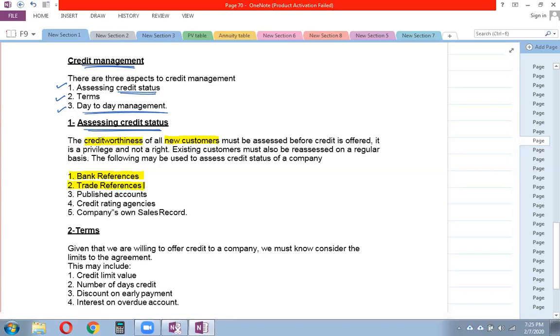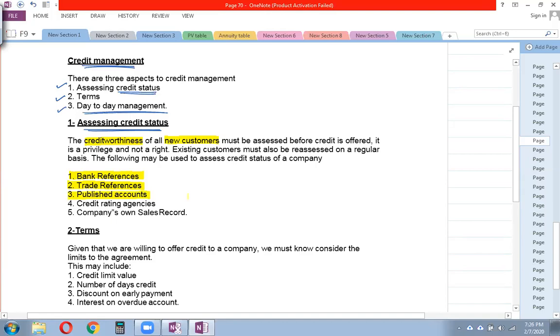Well, the issue here is that if they are your competitor, maybe they are not going to give you the information, but maybe you can get it from another company within the group, if they're purchasing from someone within the group of businesses. So the bank references, the trade references, and of course the published accounts, the financial statements, as we said.